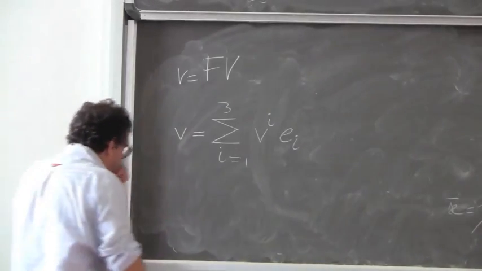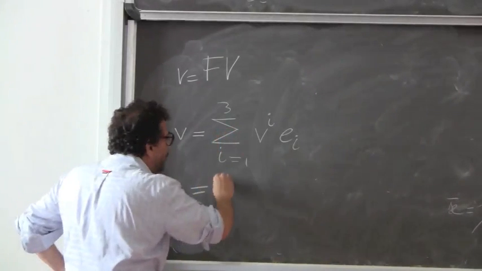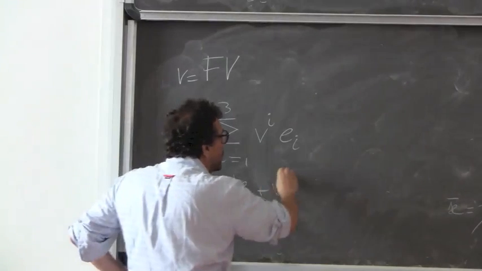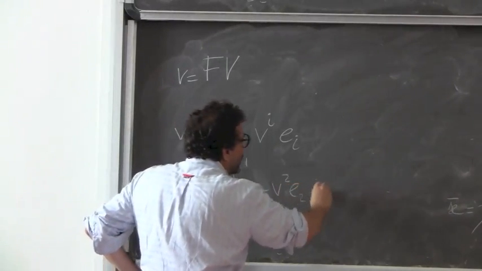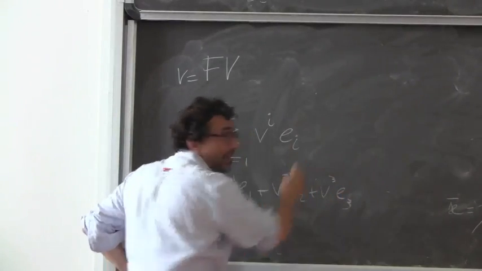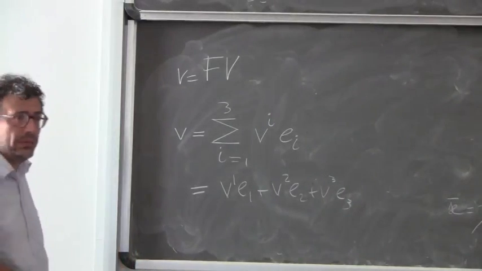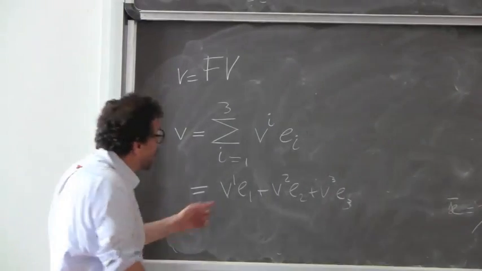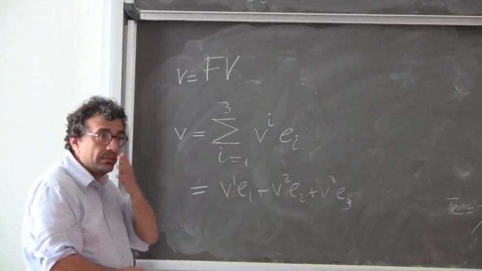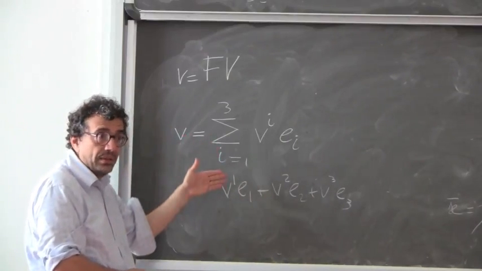This is a quick way of writing this long formula. These two formulas are exactly the same. So, I am bored, I don't want to write this, I write this. It means exactly the same thing.